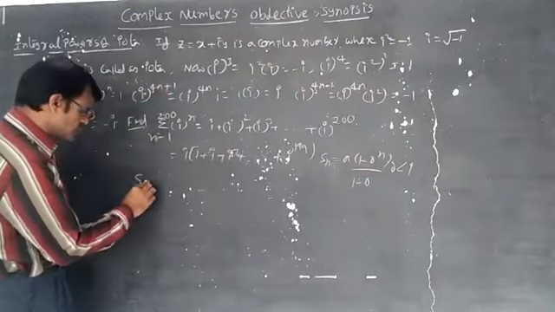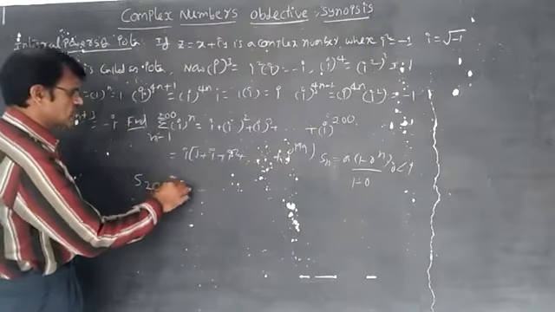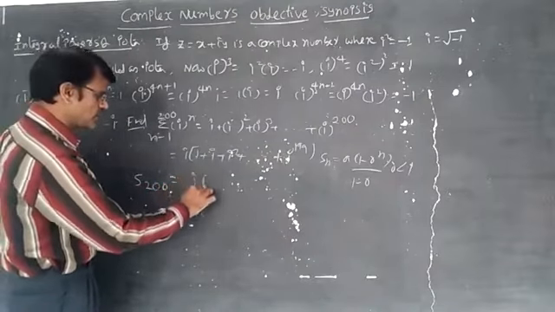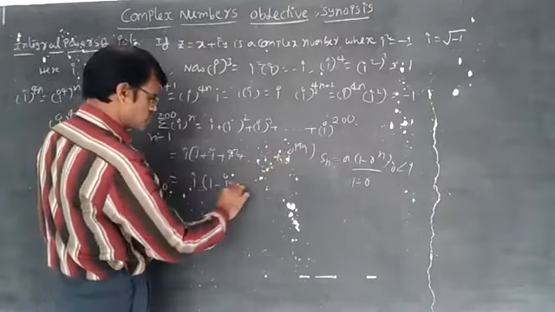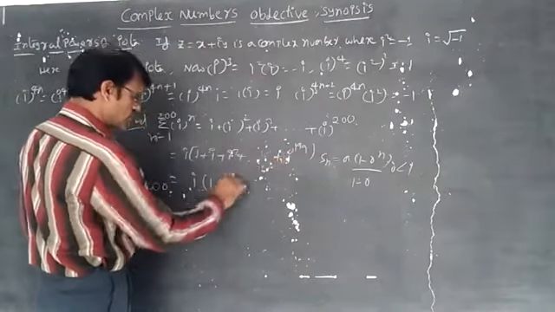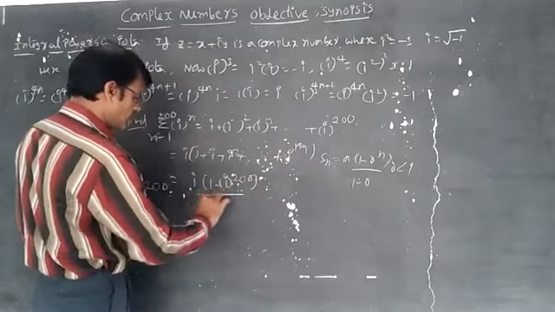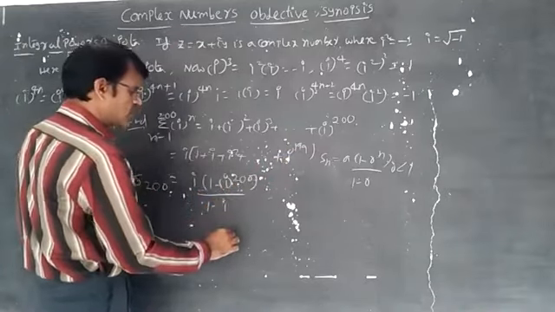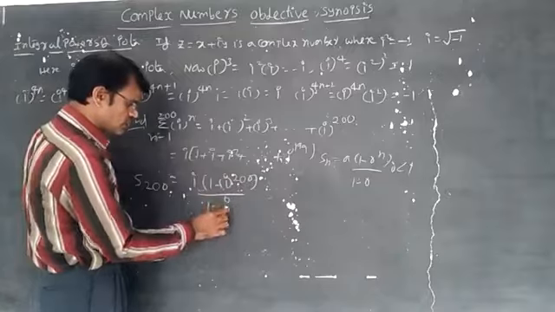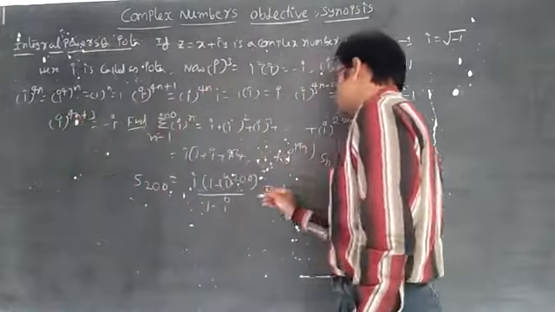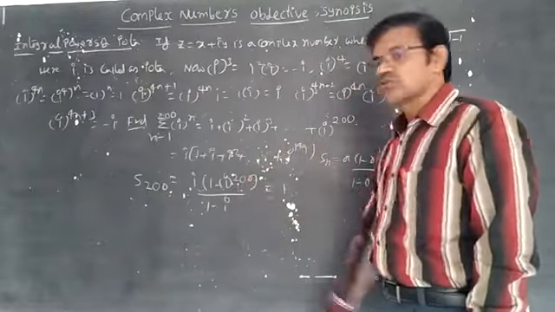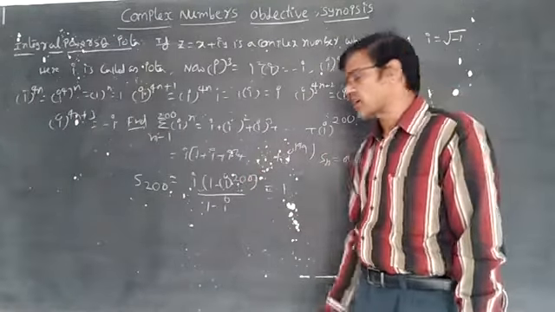So S 200, that is the summation up to 200, you can write i into 1 minus i power 200 by 1 minus i. The denominator is not equal to 0, students, because i is not equal to 1. Now i power 200 can be written as i square whole power 100.